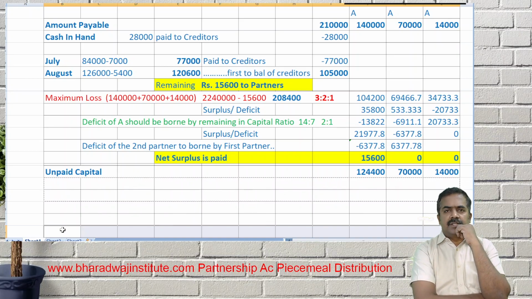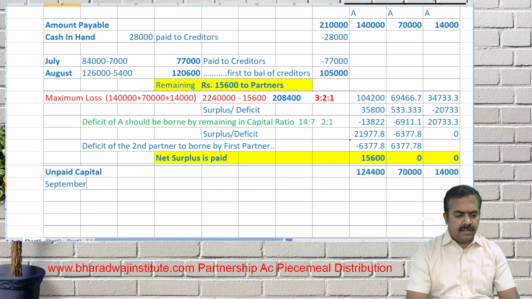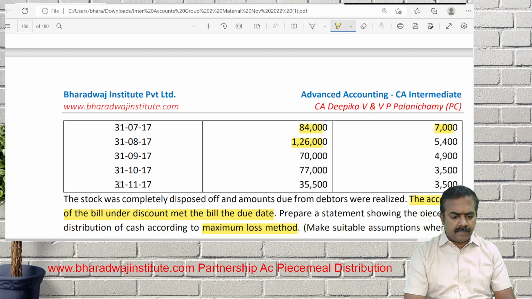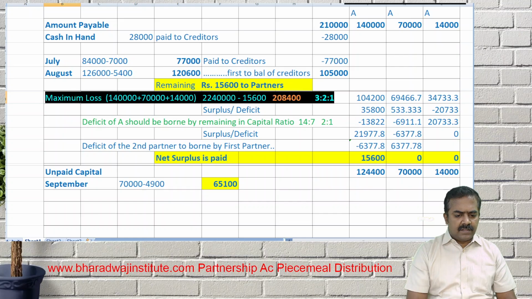Next, which month realization? September month. What is the amount realized? 70,000 minus 4,900. What is the amount realized? 65,000. Now let us work out the maximum loss.